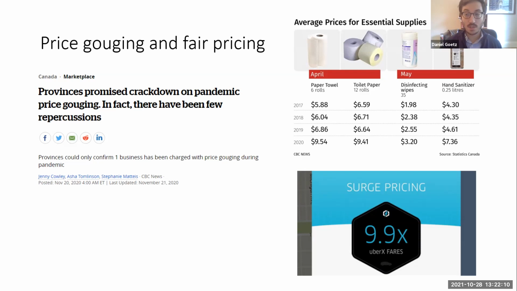So why do we see this surge pricing, but we don't see the Coca-Cola? Coca-Cola feels unfair. Does this also feel unfair?